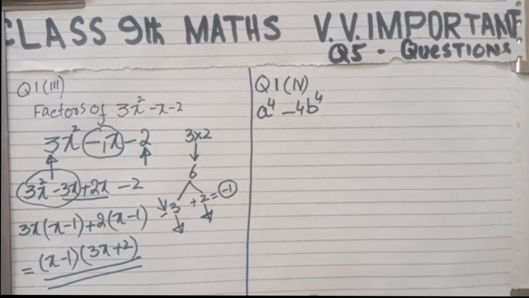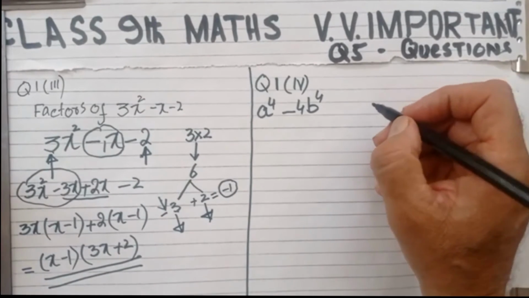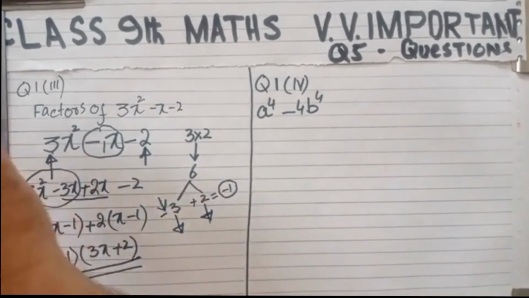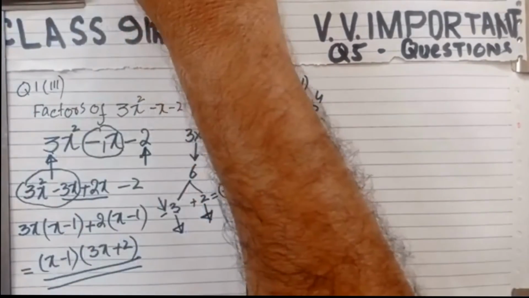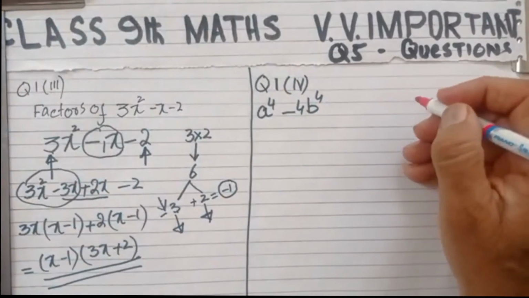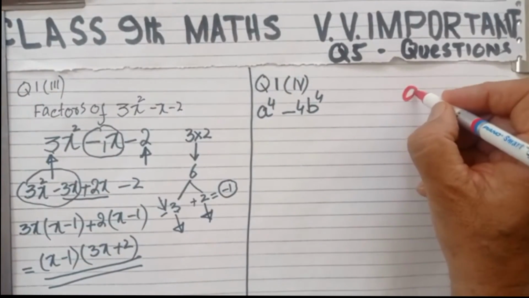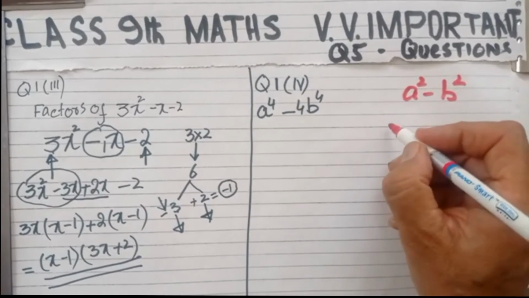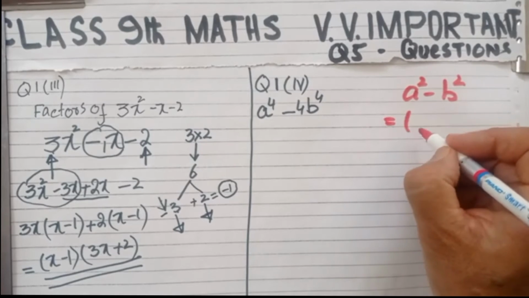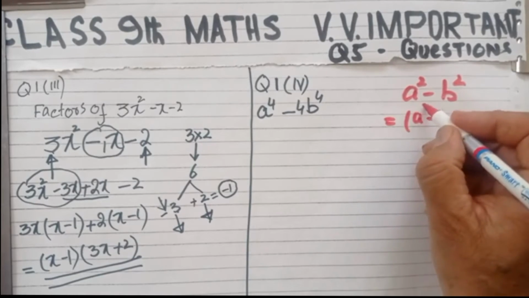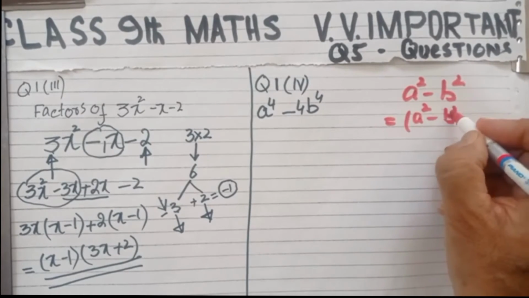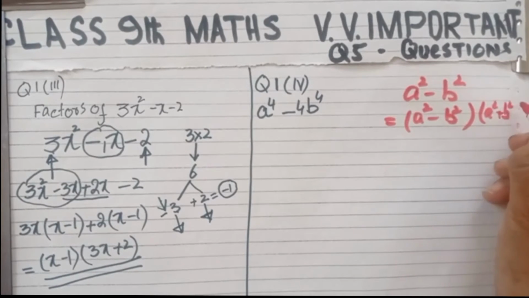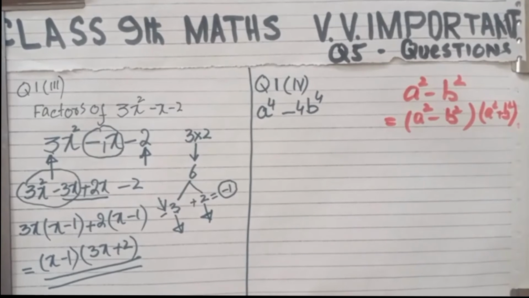Now I know that there is a very famous formula, and that is a square minus b square, which is equal to a minus b, and a square plus b square.